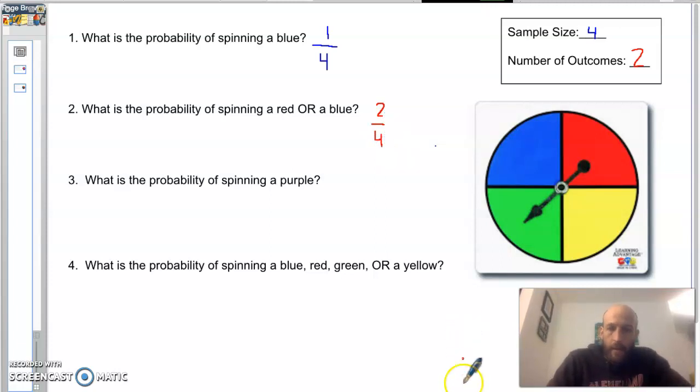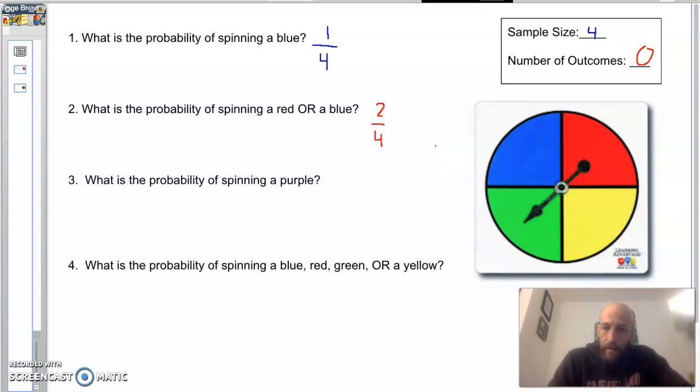Okay. New question, new number of outcomes. What is the probability of spinning a purple? So I look over at my spinner. I have green, blue, red, and yellow. There are no purples. So the probability that I get a purple is 0. There are 0 purples.